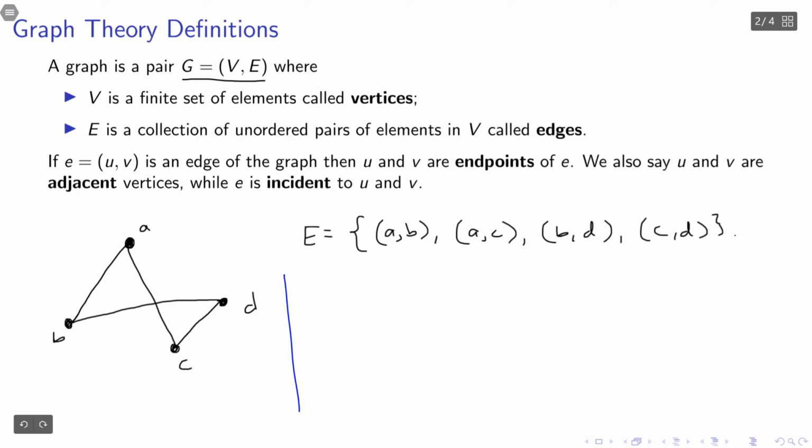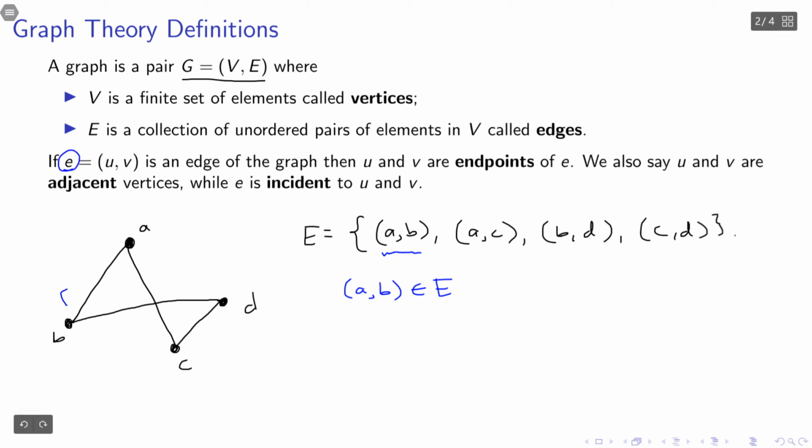Also, I just want to mention some other notation here in relation to edges of the graph, right? So if AB is an edge, so we would write AB in the set of edges, then we would say that A is an endpoint of that edge, right? So sometimes we do give names to edges as well.